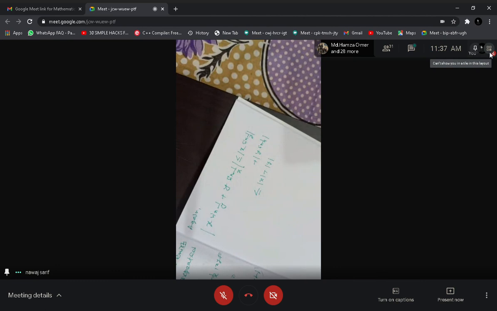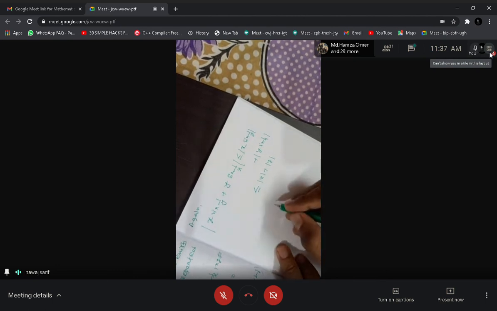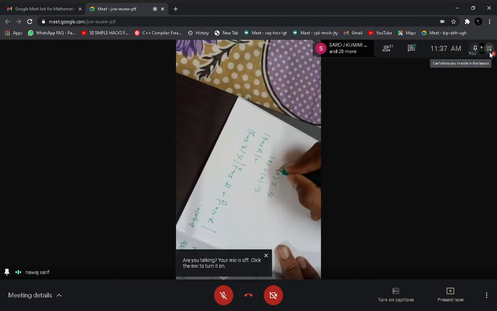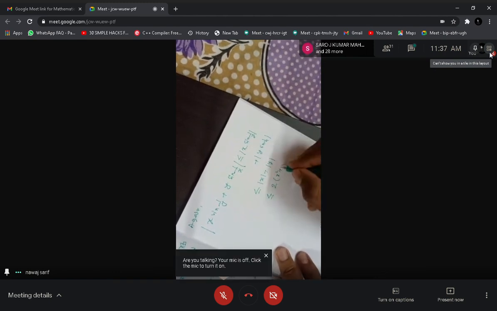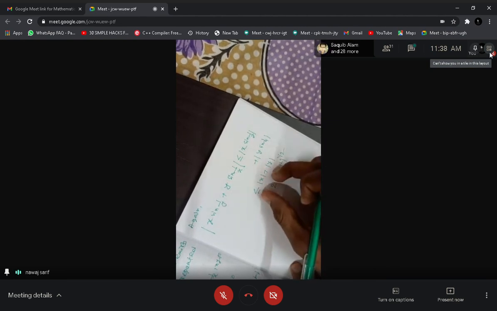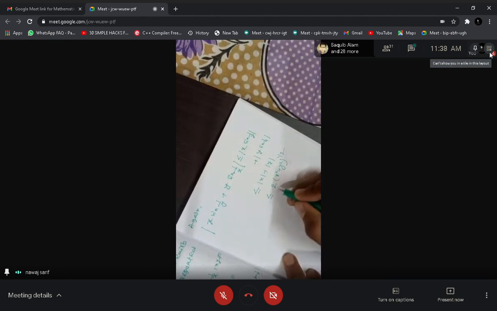Also you can write this as less than or equal to 2 into (x square plus y square) to the power 1 by 2. This modulus of two terms is less than or equal to this term.